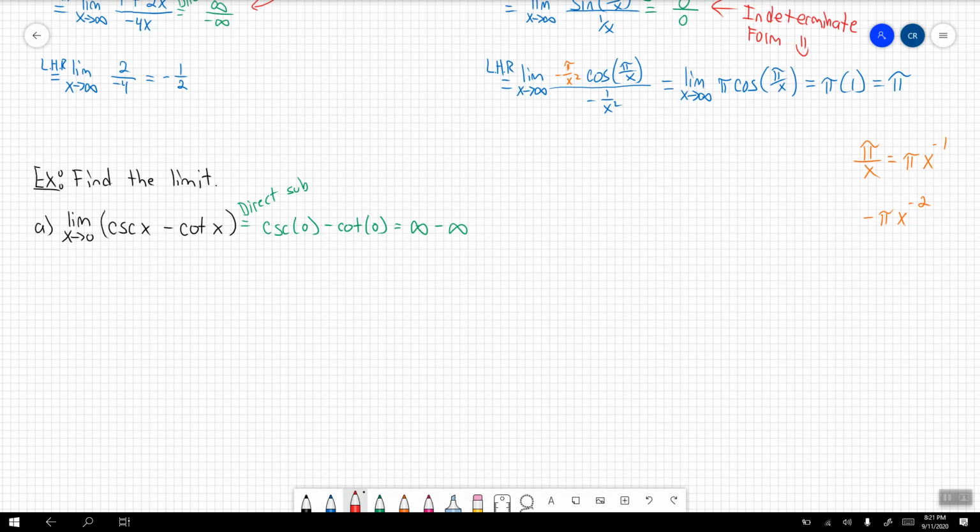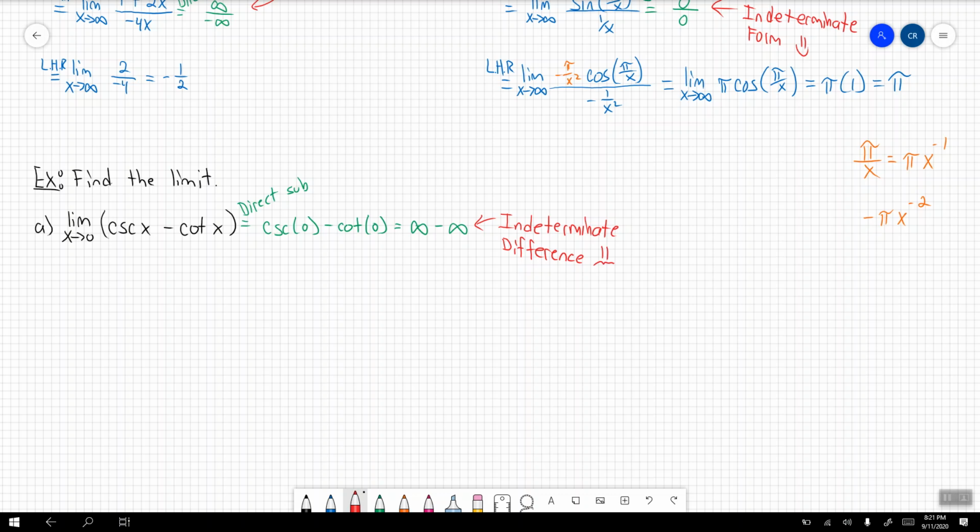But this is good for us because this tells us that this is an indeterminate difference. Since we got an indeterminate difference, that's going to be okay.